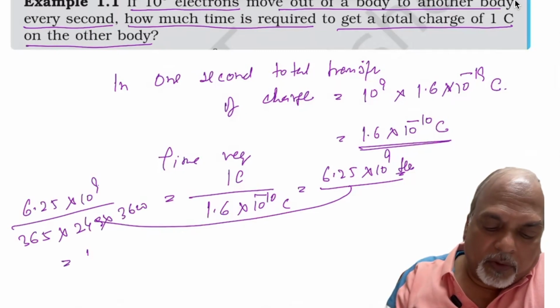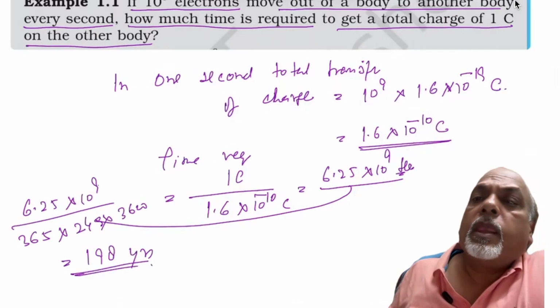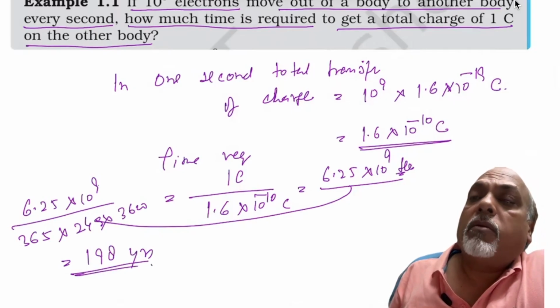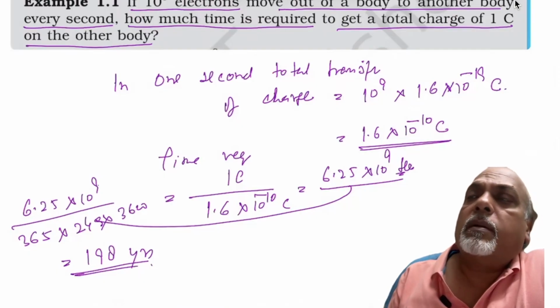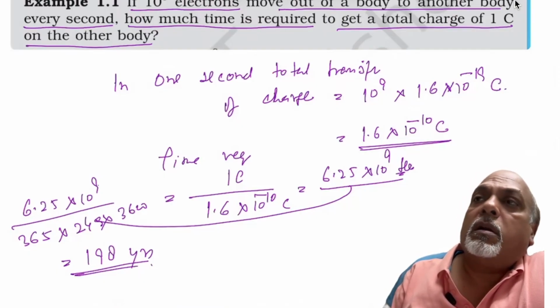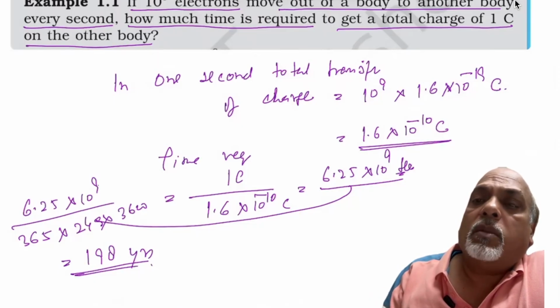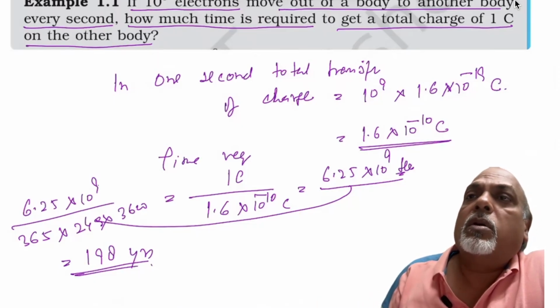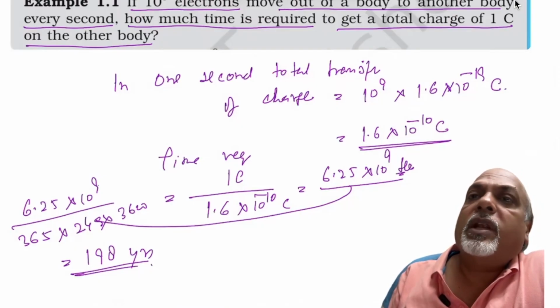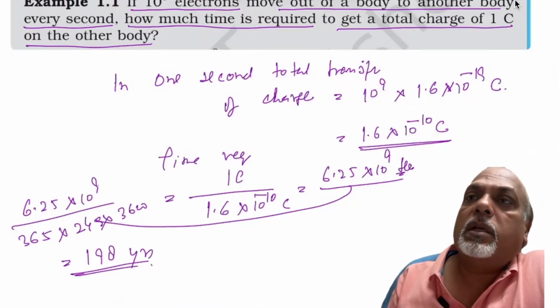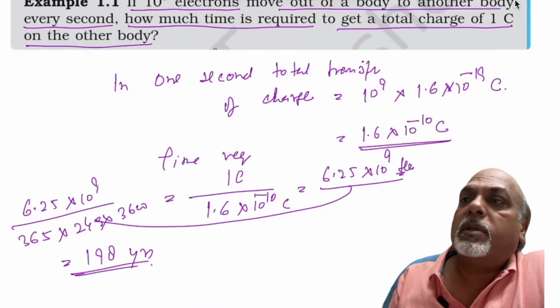If you calculate it, 198 years will be required with this rate of transfer for getting a total charge of 1 coulomb on the other body. So that shows this 1 coulomb is a very large unit for practical purposes. Correct?